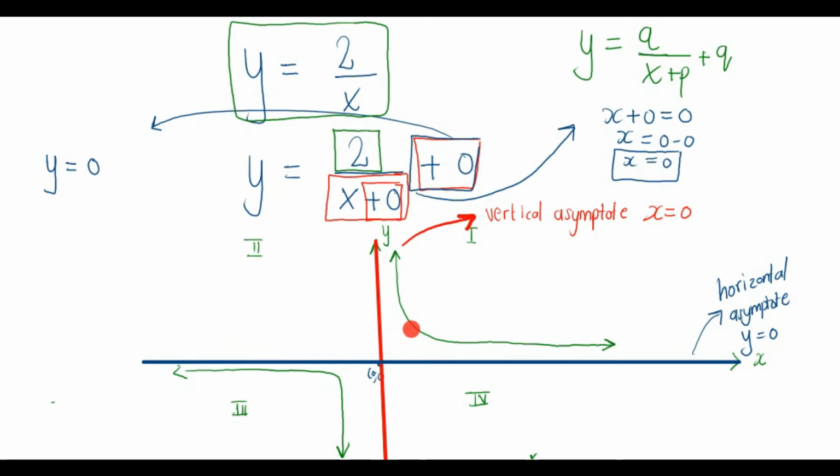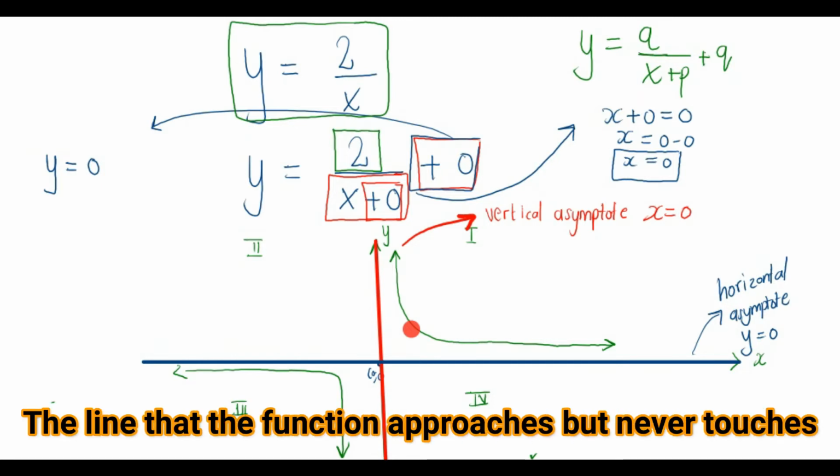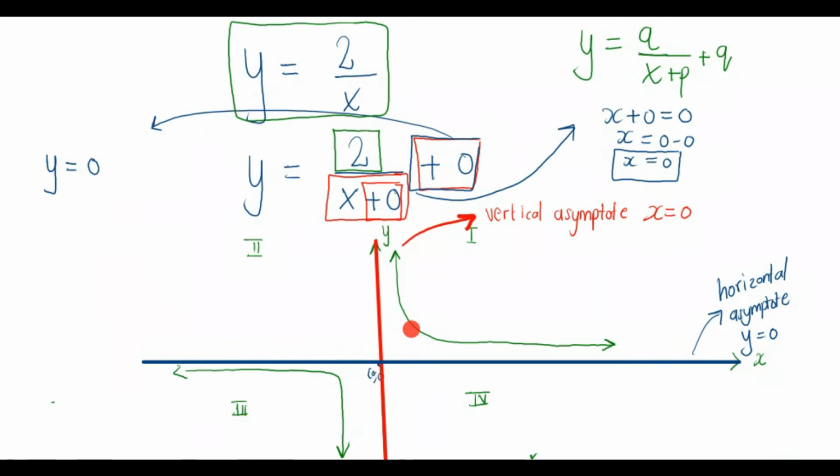Okay, let's just quickly define what an asymptote is, guys. An asymptote is a line that your function approaches, but never touches. One thing about your hyperbolic function and your exponential function is that they will approach your x-axis, but they'll never touch it. Especially your hyperbolic function in the form y equals 2 over x.